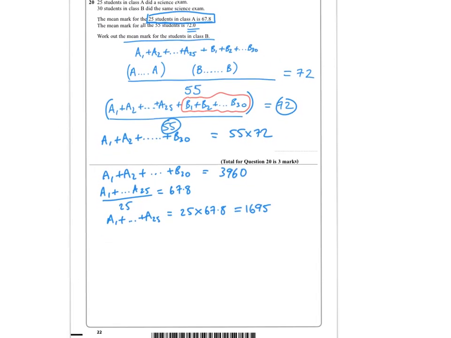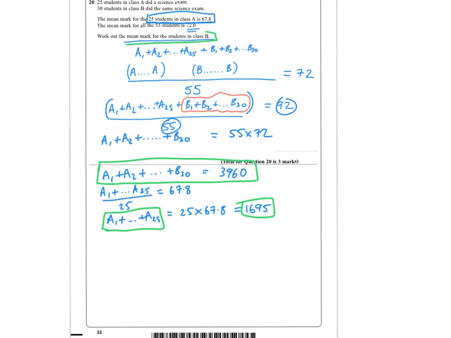So let's compare what we've got right now. We know what all of this is here. We knew all of this here, and we wanted to find the mean mark for the students in Class B. So the students in Class B we can now find, because in this equation here we have all of this, which is 1,695, plus the B students' marks, which are left, and that's equal to 3,960.